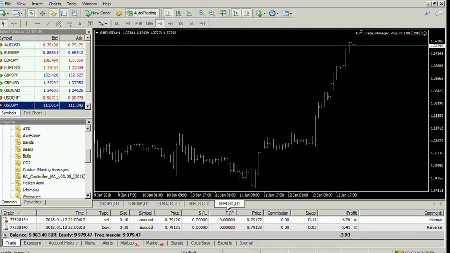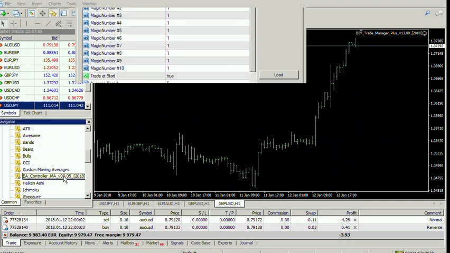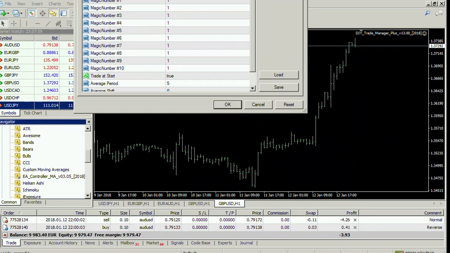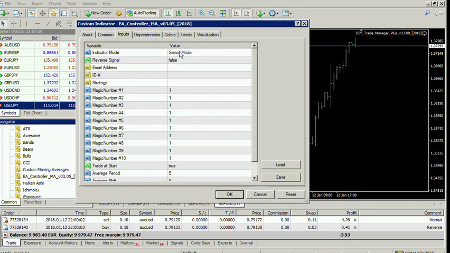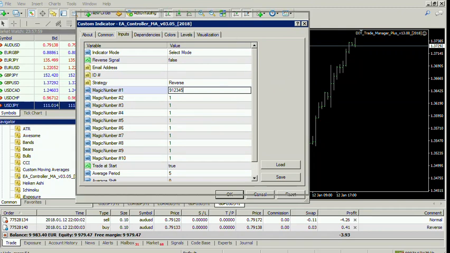If I do the same on the other one, so double click from the navigator window, we leave that unselected, we add our email address, the ID we don't worry about. This is for the reverse, and the magic number we wanted to monitor here is 9, 1, 2, 3, 4, 5. And then all I need to do is enter the email address.